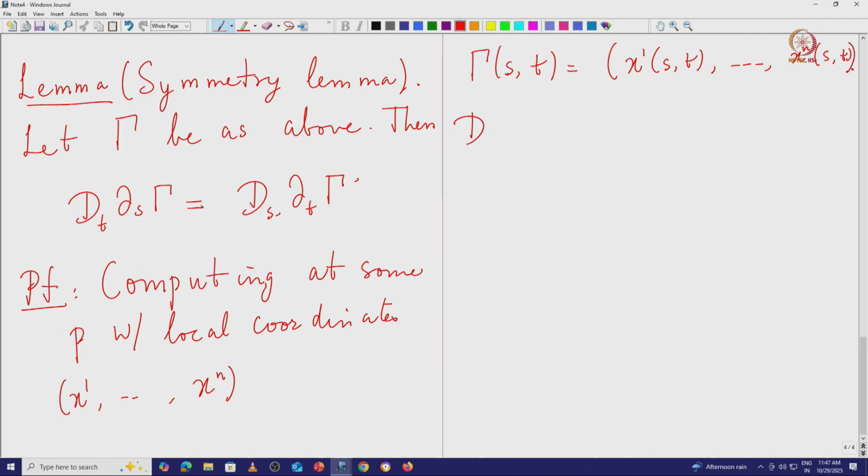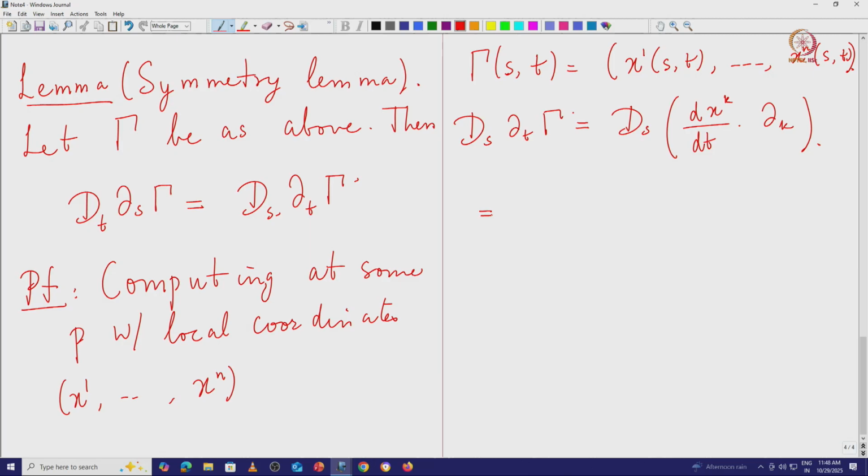Okay, so then what is the covariant derivative D_s of ∂_t gamma? So, this is the RHS. Well, this is simply D_s of the velocity vector of the horizontal curves, that is just ∂x^k/∂t in the kth direction, right.